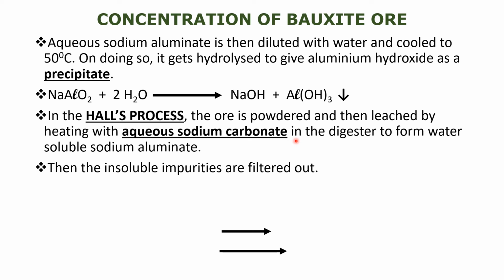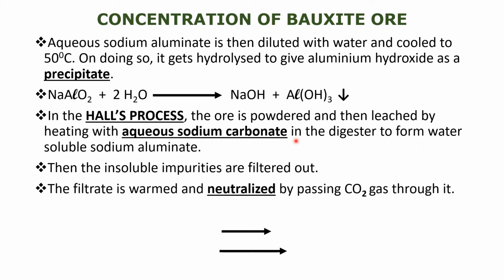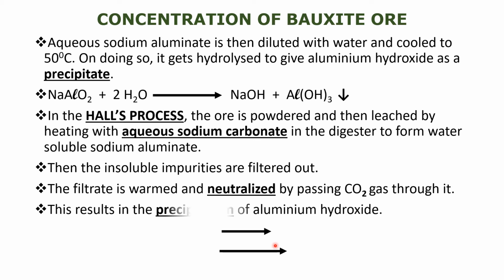The impurities which don't get dissolved are filtered, and this filtrate is warmed and neutralized by passing carbon dioxide gas through it. So what is passed through it? Carbon dioxide gas. This results in the precipitation of aluminium hydroxide.